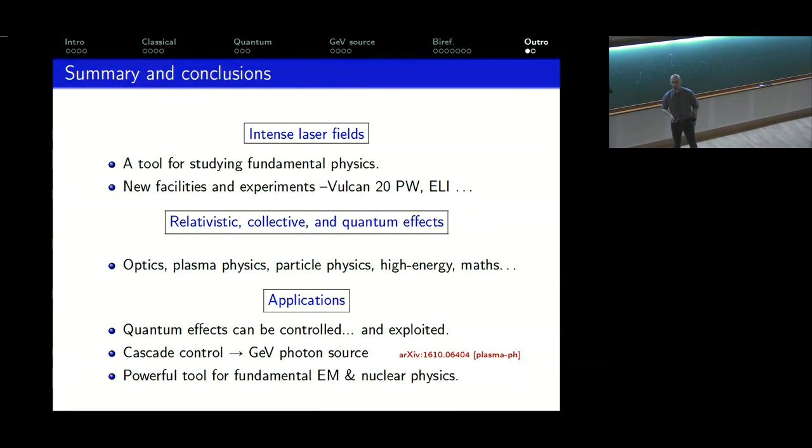It's an exciting area for theorists because intense laser physics overlaps, contains, you have to take account of relativistic effects, collective plasma effects, quantum effects, and there's overlap with optics, plasma physics, particle physics, high energy physics, mathematics. And as I've only just touched on, of course, there are many applications of intense laser fields. So the example we looked at was exploiting quantum effects to generate a GeV photon source.